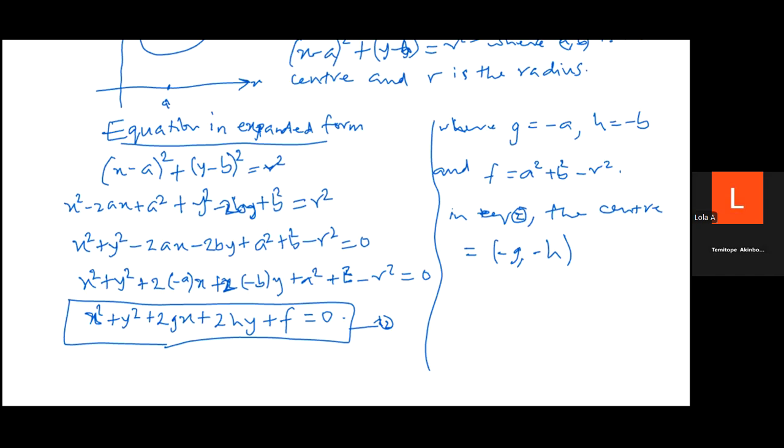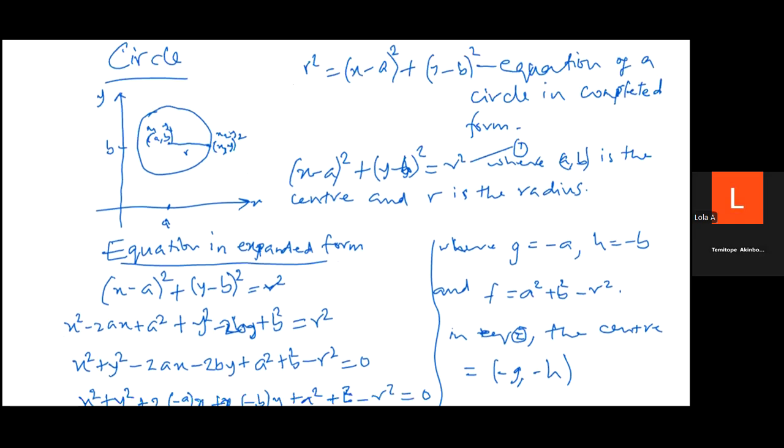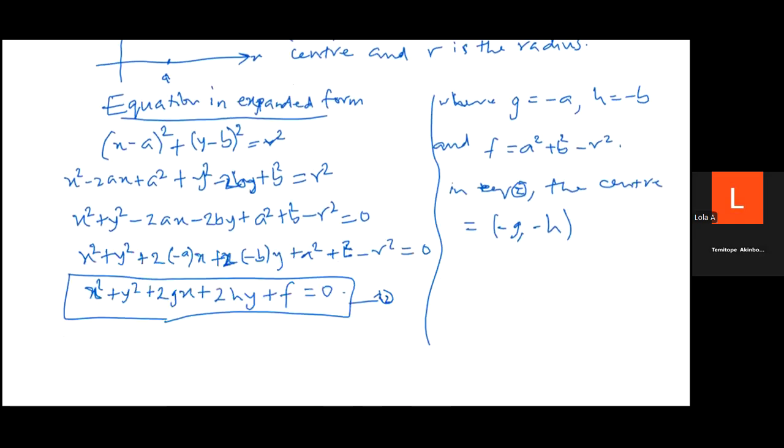Don't forget, in equation 1, I've told you that the center is a, comma b. So if g is minus a and h is minus b, that means the center is now minus g, comma minus h, which is equivalent to a, comma b. So take note of these two.